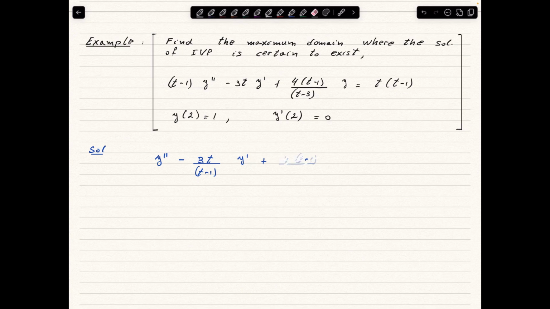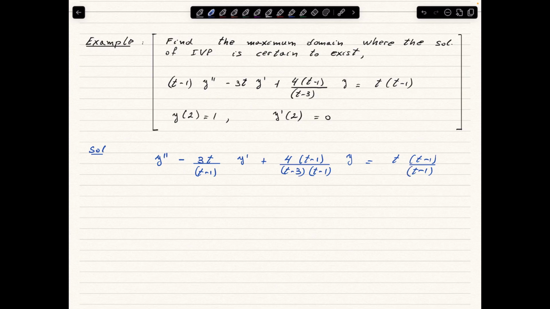Let's write it again: 4, t minus 1, now divided by t minus 3, and now we have a t minus 1 coming from the division we did of the whole equation, and this is equal to t minus 1 divided by t minus 1.